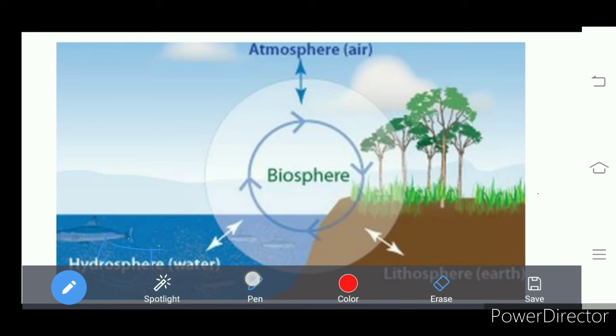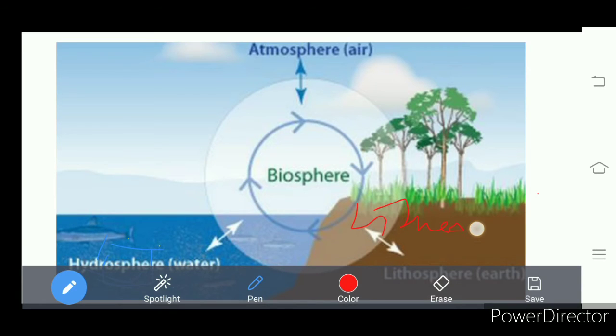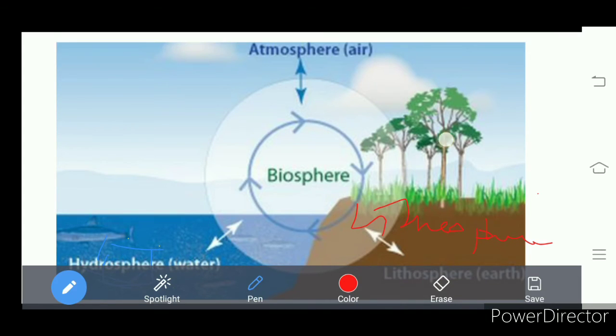So here it is shown. This is lithosphere, which is covered with rock and minerals. It is a thick layer. So this is about lithosphere in detail.